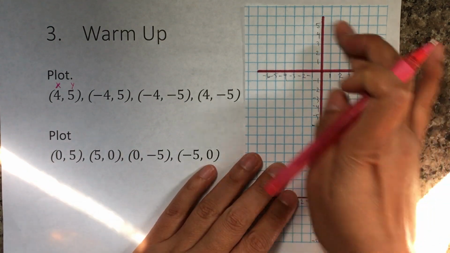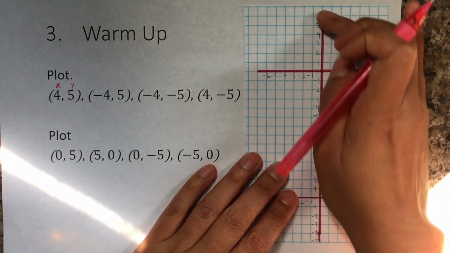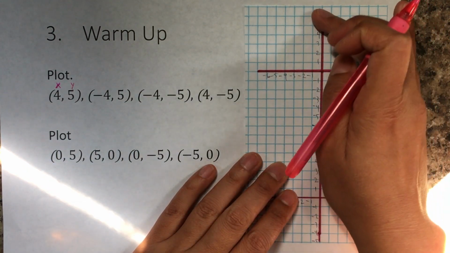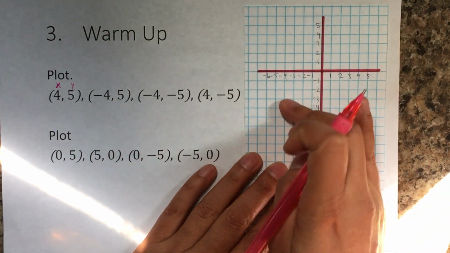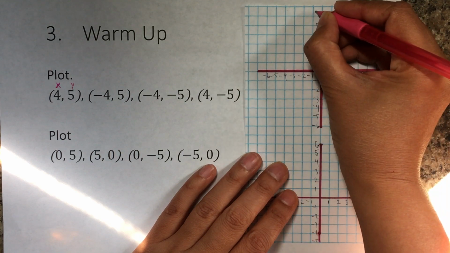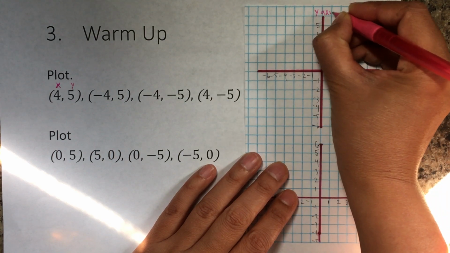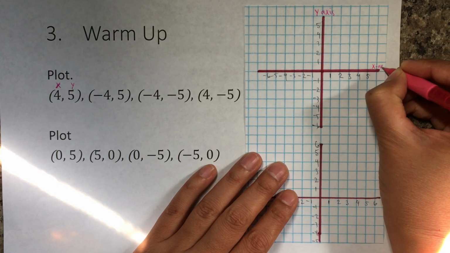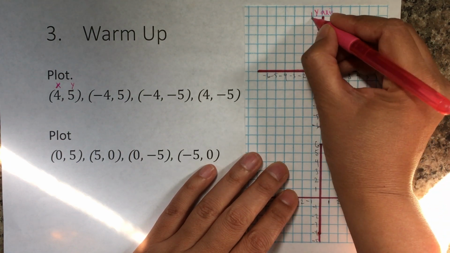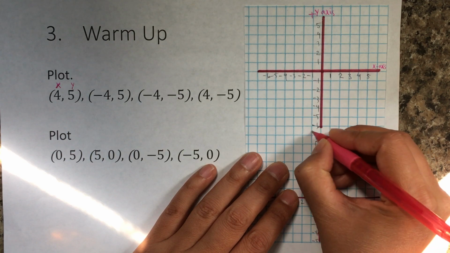And so the coordinate plane is divided by the y-axis and the x-axis into 4 quadrants. So this is the y-axis, this is the x-axis, and this is always positive and this is always negative.